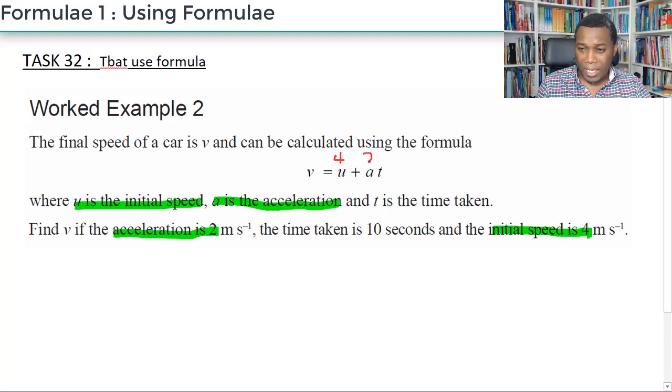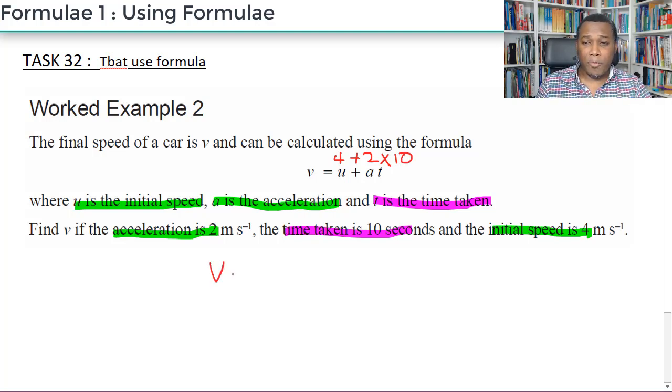The value of A is 2, and the value of T, the time taken, is 10. So AT means to multiply A by T, so I have 2 multiplied by 10.